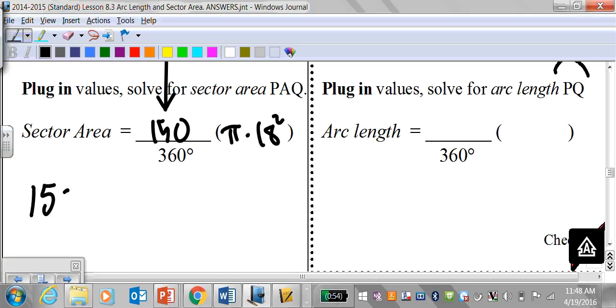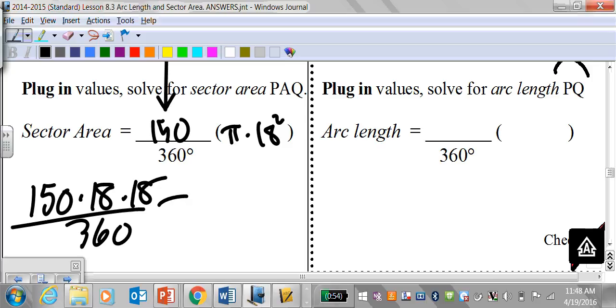Watch. 150 times 18 squared over 360, and just tack on the 5. So goodbye zeros. How about we circle 18 and 36?